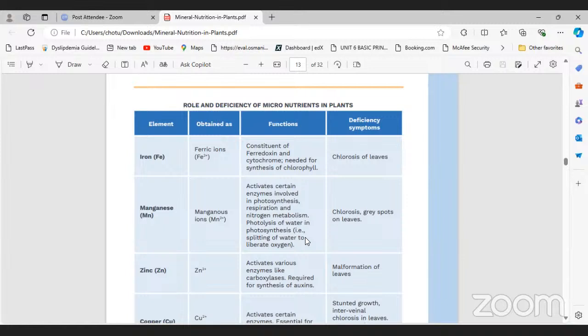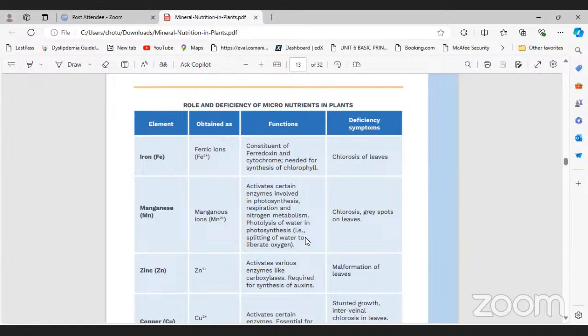The micro elements, trace elements: manganese. Manganese primarily functions as an enzyme activator in several reactions of respiration.